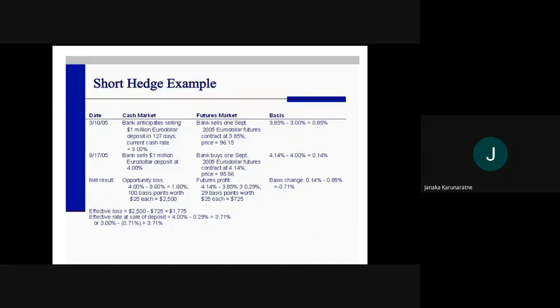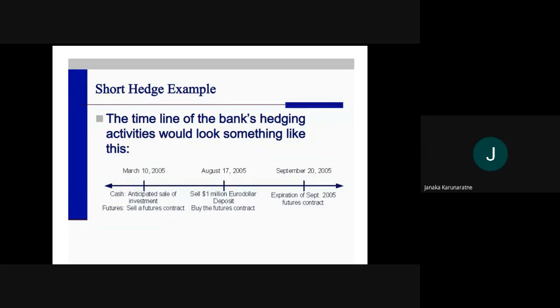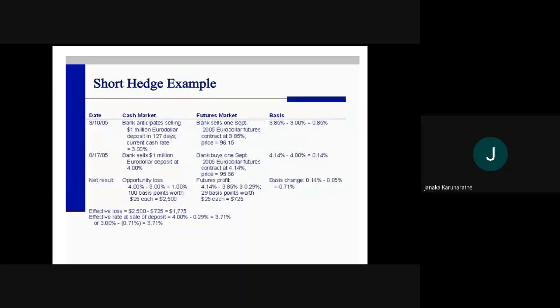On March, what happened? You sell €1 million deposits in 127 days. The cash rate is 3%. In August, this is related to the previous example, you sell €1 million deposits at 4%, because now the interest rate has gone up by 1%. So what is the loss to you? 1%.